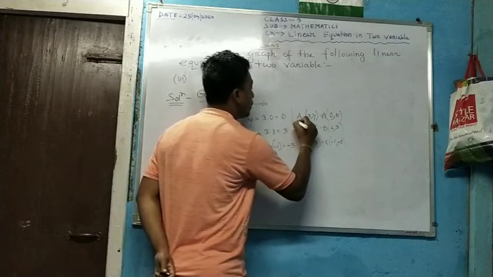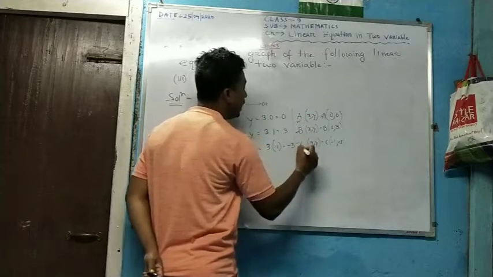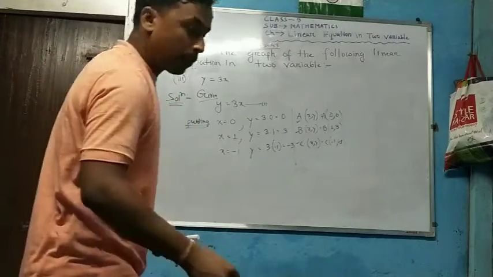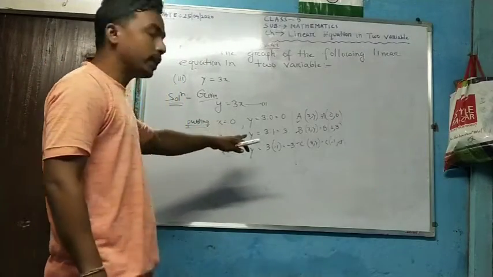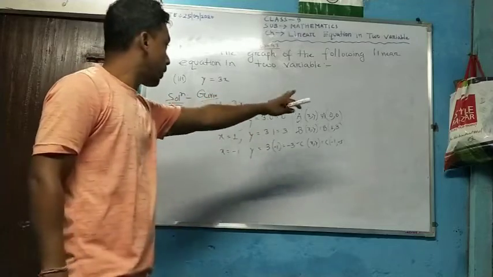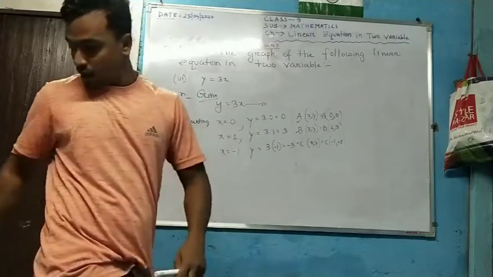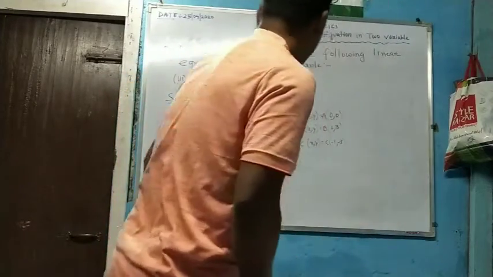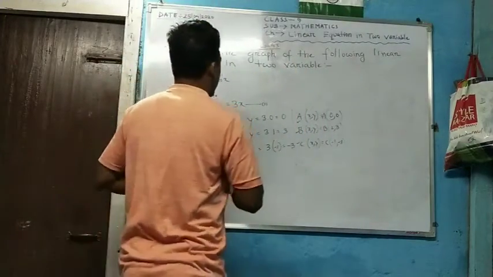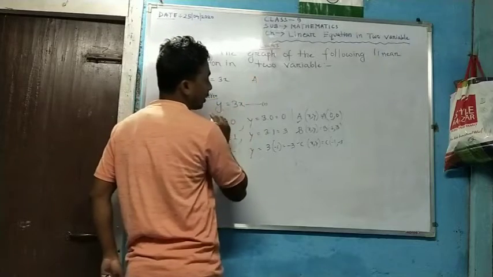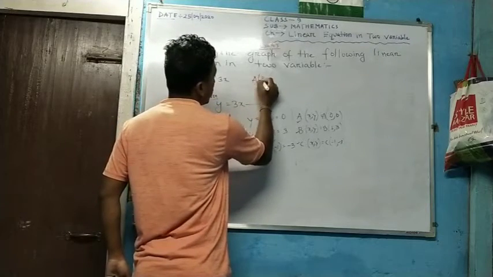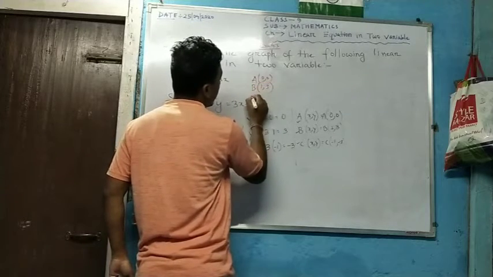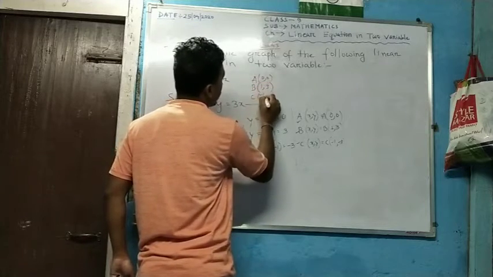Now I have to plot these points A, B and C on a graph board. Kindly note it down in your notebook, and I am going to draw the graph. The points are A 0, 0; B 1, 3; and C minus 1, minus 3.